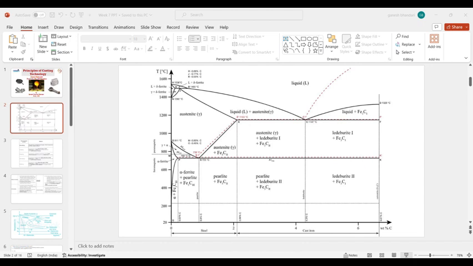For example, take aluminium. Any aluminium alloy has very high ductility, but those alloys don't have very high hardness values, so we can't say aluminium is a tough material. Cast iron has very high hardness values but very little ductility, so we don't say cast iron is a tough material.